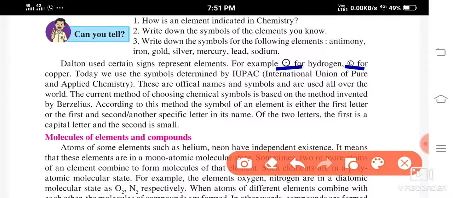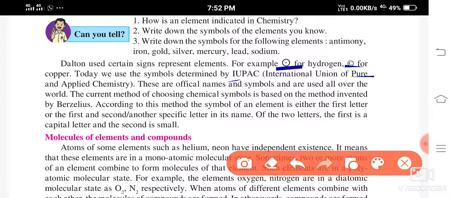We are using the symbols which are determined by IUPAC, the International Union of Pure and Applied Chemistry. Now these are official names and symbols and are used all over the world, okay.